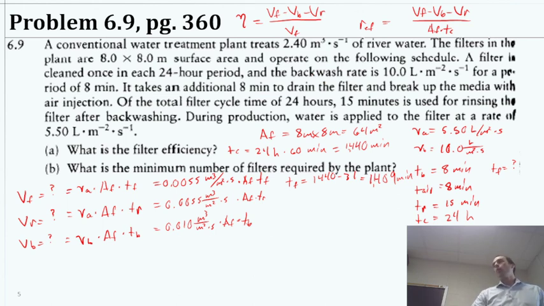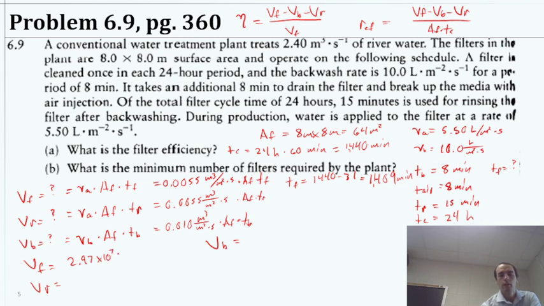So do you guys have these volumes and the filter efficiency calculated? Two of the volumes. Okay, so which one are you missing? VB. Okay, so somebody calculate VB for us. And what did you have for VF? VF, I had 2.97 times 10 to the 7th liters.